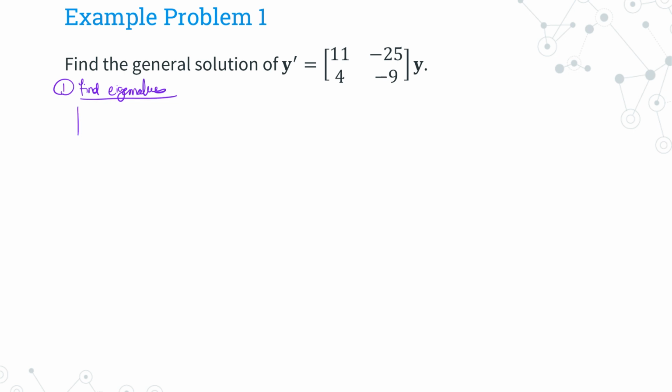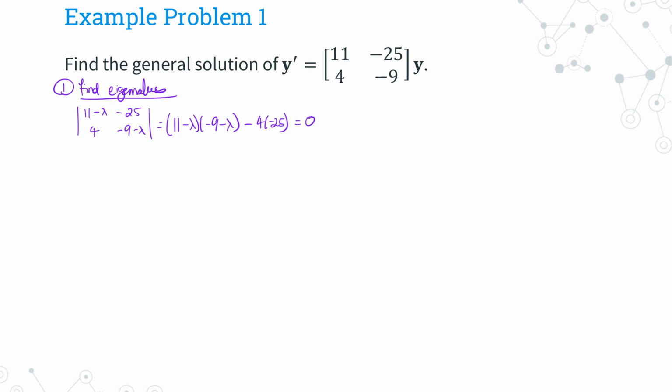So we look at our determinant of 11 minus lambda, negative 25, and 4 and negative 9 minus lambda. We end up with our characteristic equation of 11 minus lambda times negative 9 minus lambda minus 4 times negative 25.